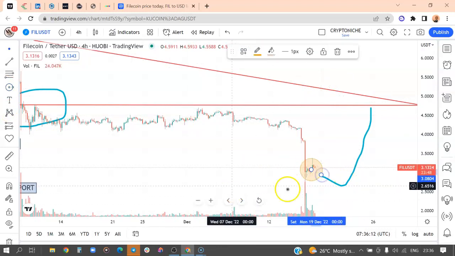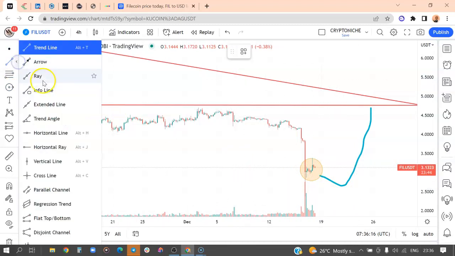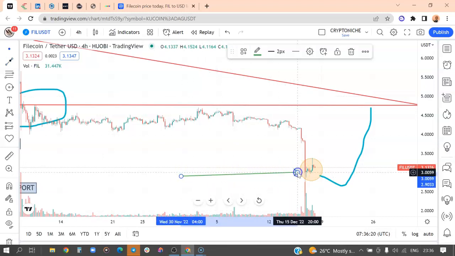Can you see it? It's been building some sort of momentum right here, and you cannot rule out the fact that Filecoin could pump anytime soon.